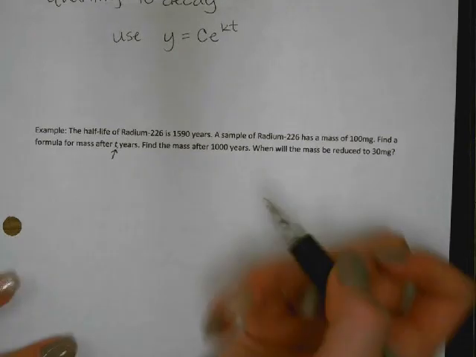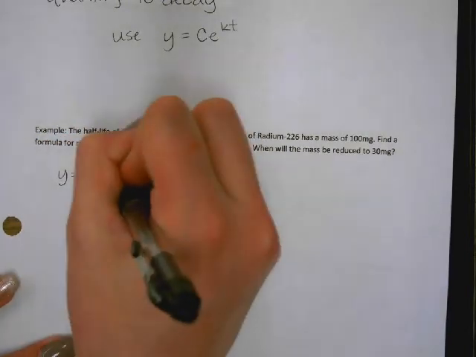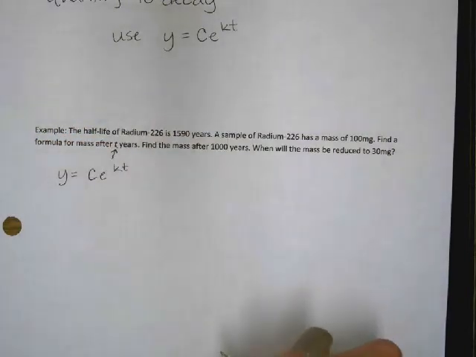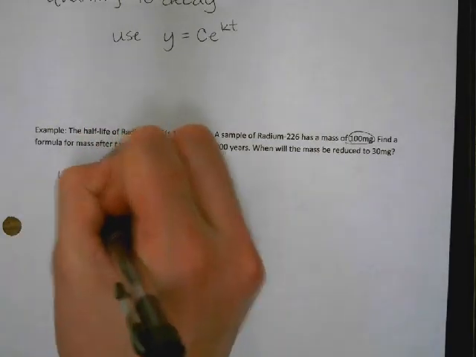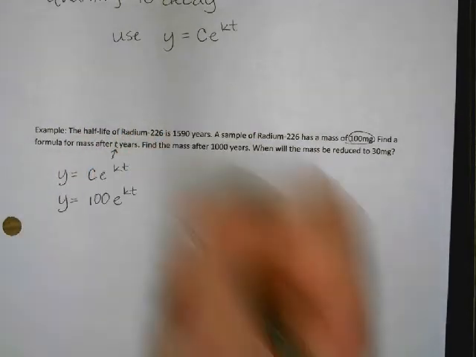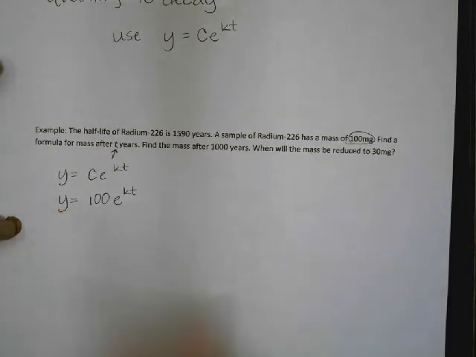So we're going to go ahead and start writing the equation. We have y equals CE to the KT. And we know that the initial value is 100, so y equals 100 e to the kt. Since we're doing the half-life formula, we know that the y value is going to be 50 after one of the half-lives has happened.